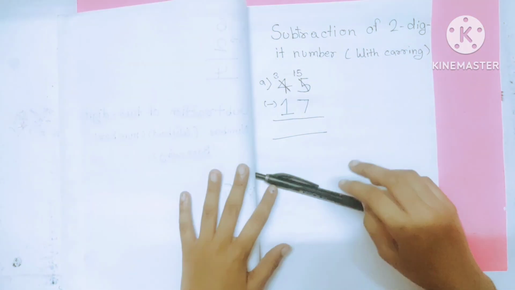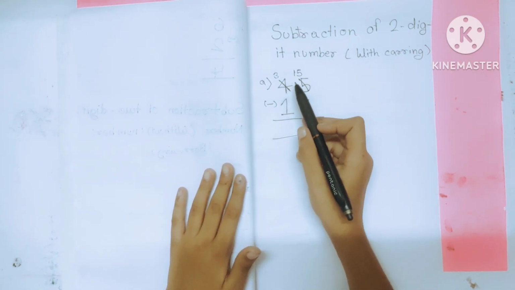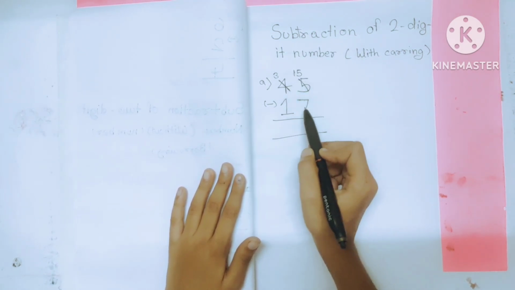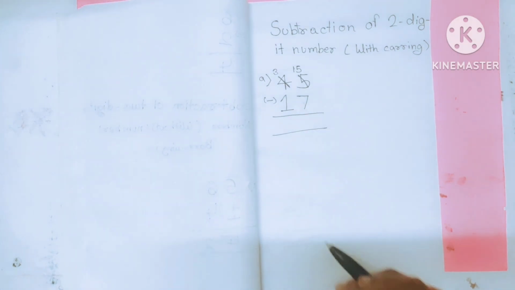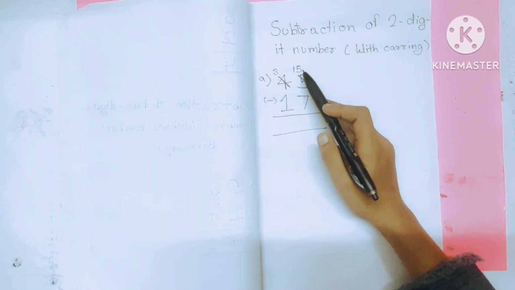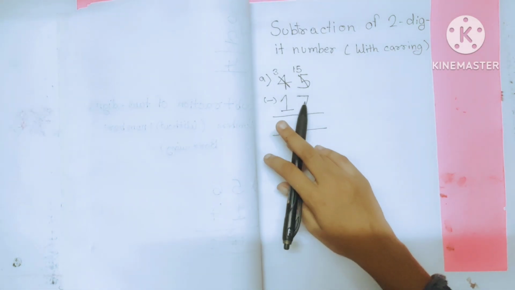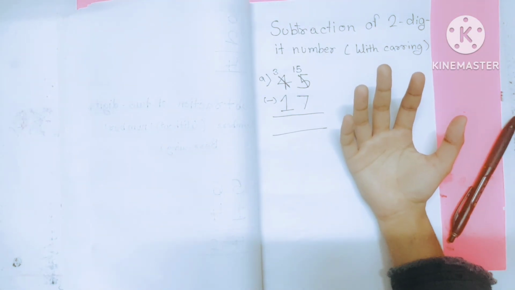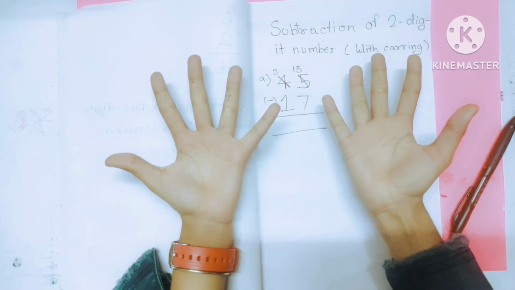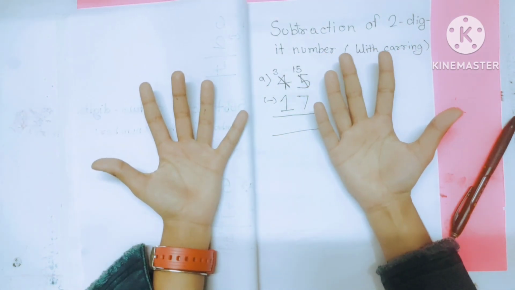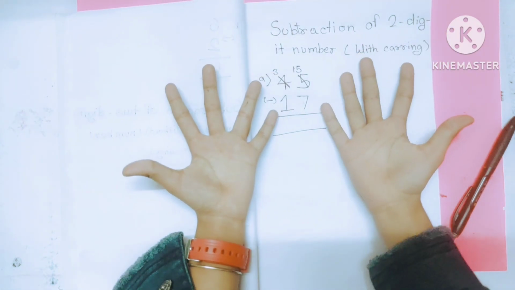So it is 15 now. So let's subtract 7 from it. How to do this? First, what do you have to do? Subtract 7 from 15. Keep 15 in our mind and fingers open.